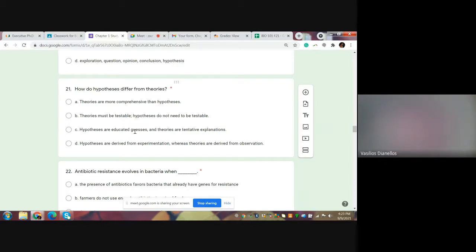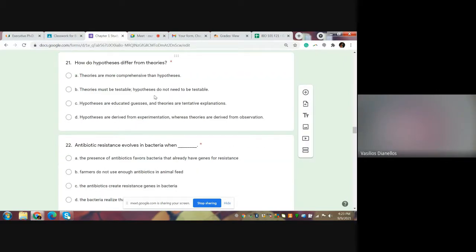They are more like tentative explanations, all right? So anyway, hypotheses are derived from experimentation, whereas theories are derived from observation. Incorrect. Observation is always the first step, regardless if you're talking about hypothesis or theory. So any questions about number 21?